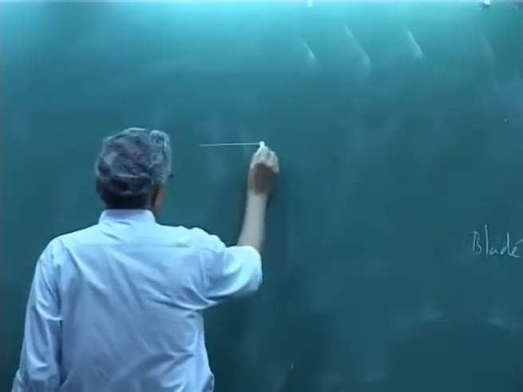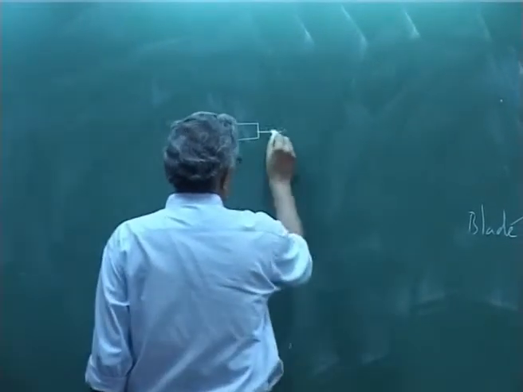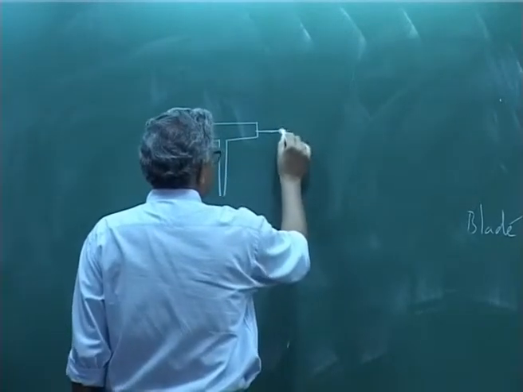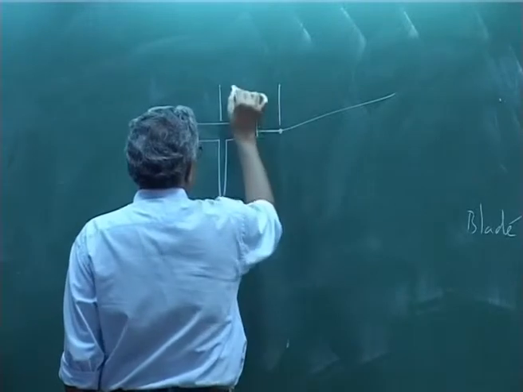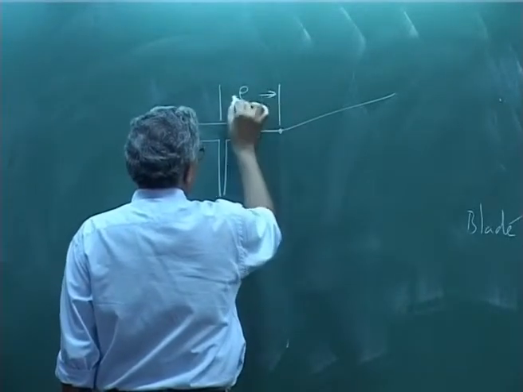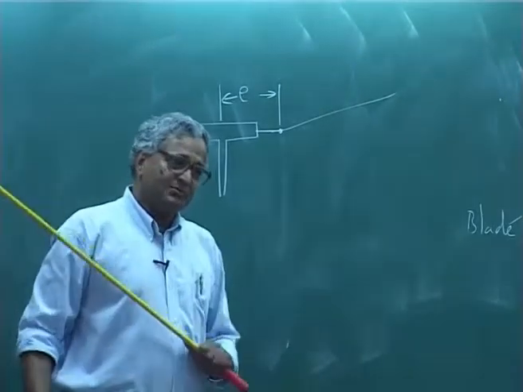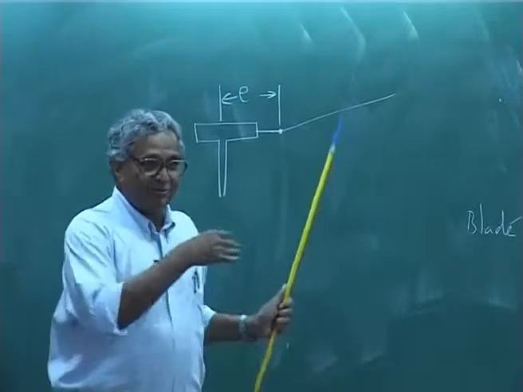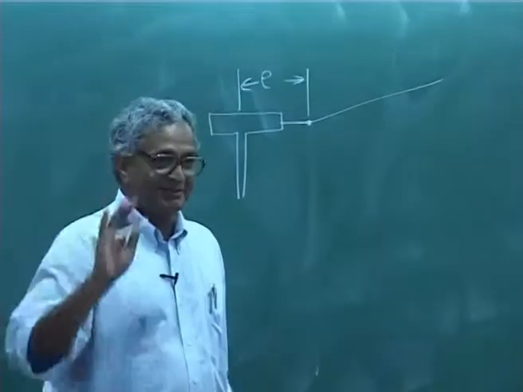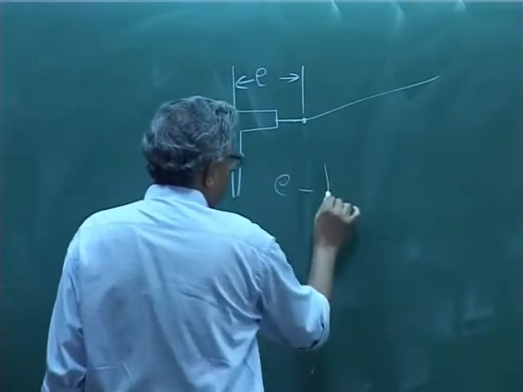That is, you put a hinge like this and the blade goes. So, this distance we call it hinge offset. Please, the symbol I am using is the same throughout the course. I will not write one symbol today and another symbol tomorrow for the same quantity. Okay. It is hinge offset.